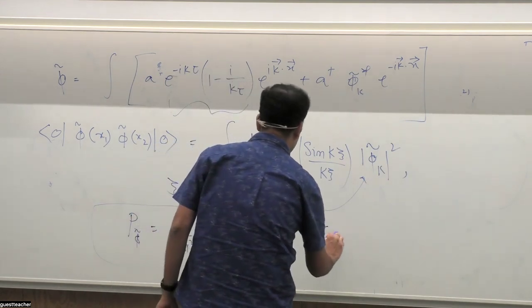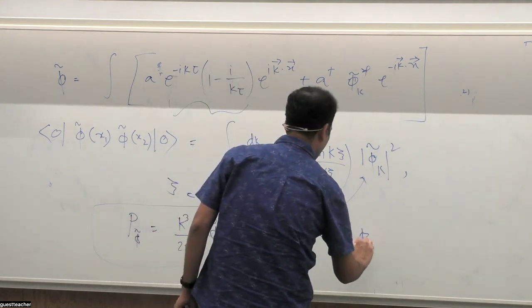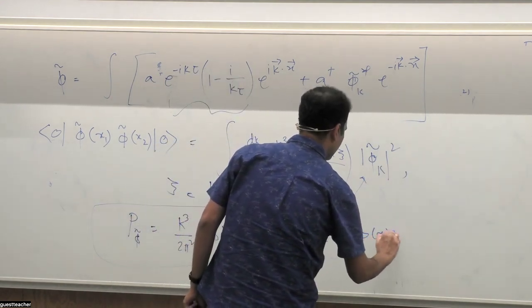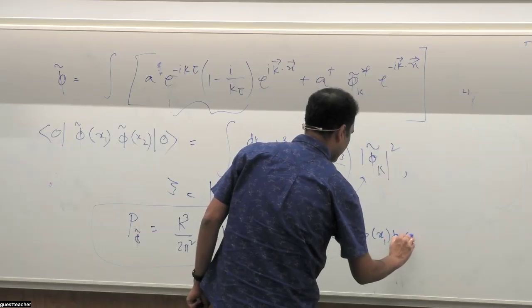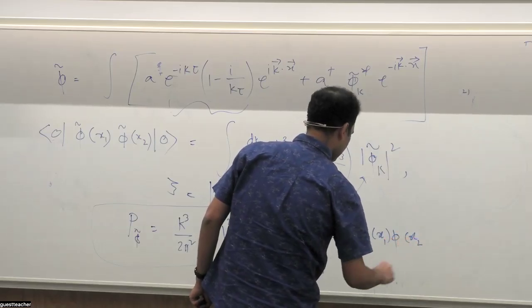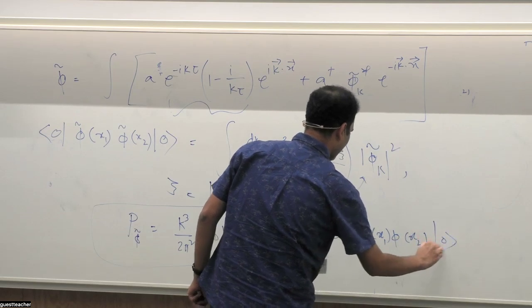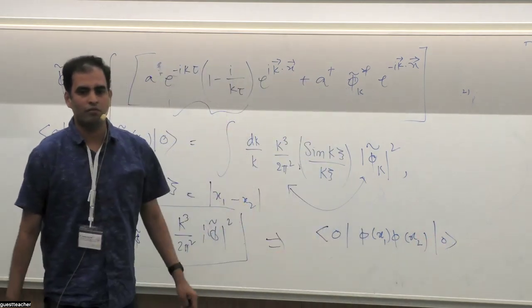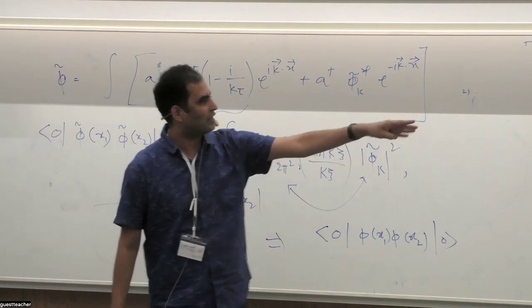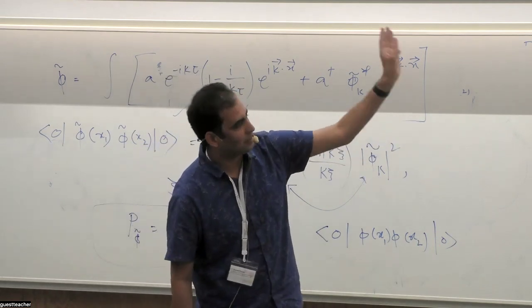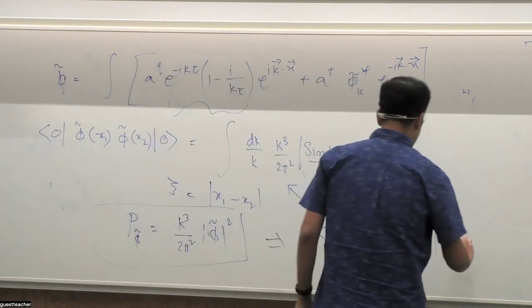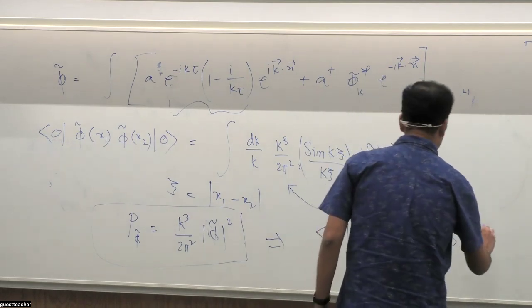And indeed, if you want to get the correlation of the field phi, by the way, this is the Bunch-Davies vacuum. Here we are talking about exact de Sitter, but in inflation it's the adiabatic vacuum.